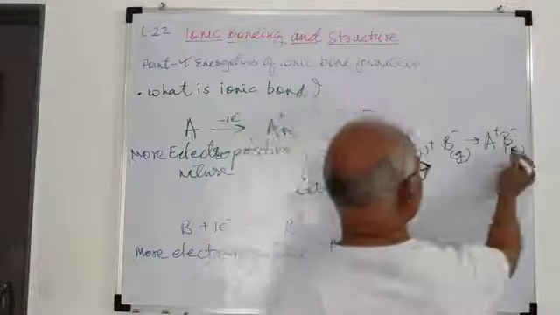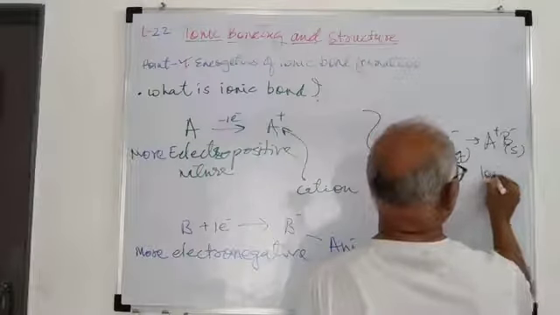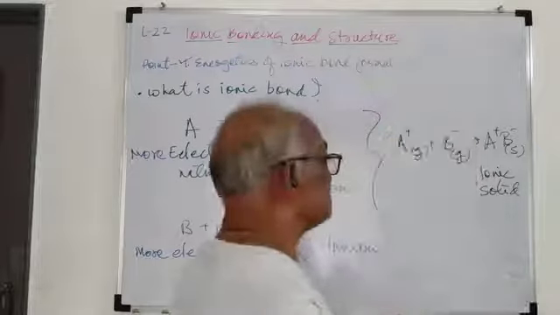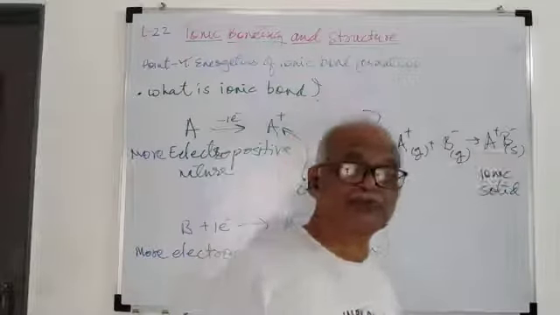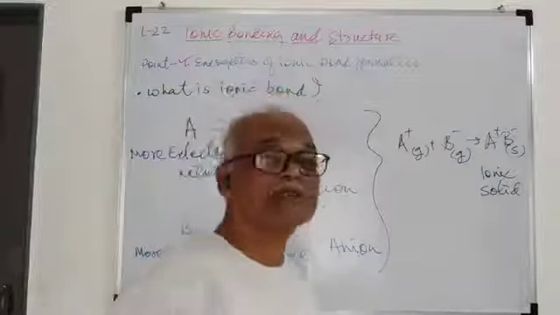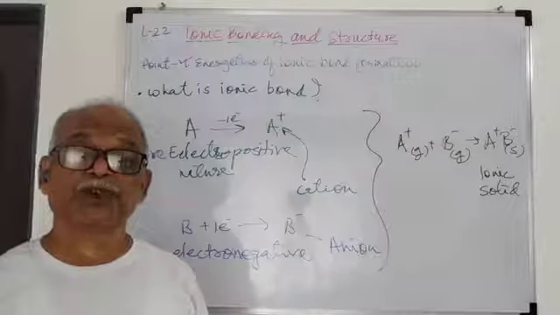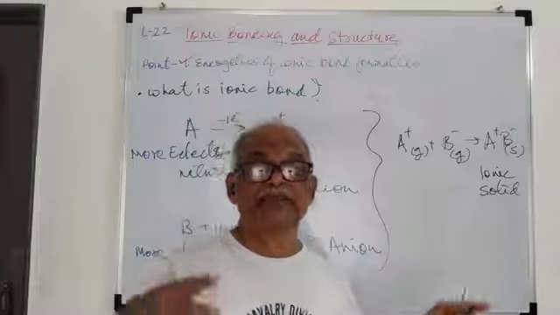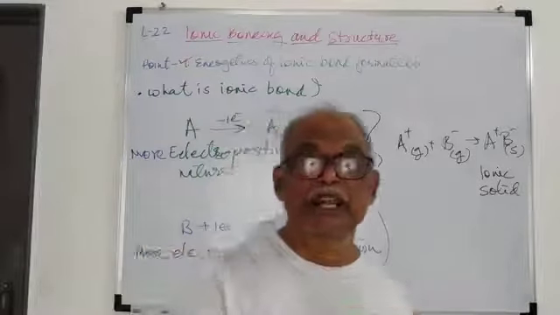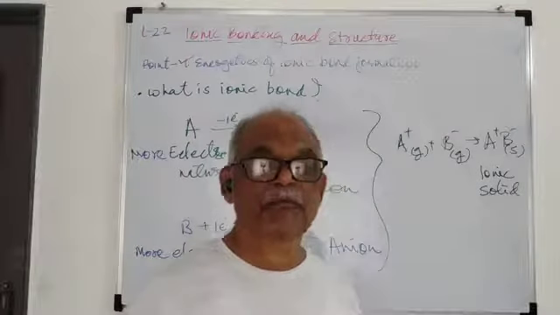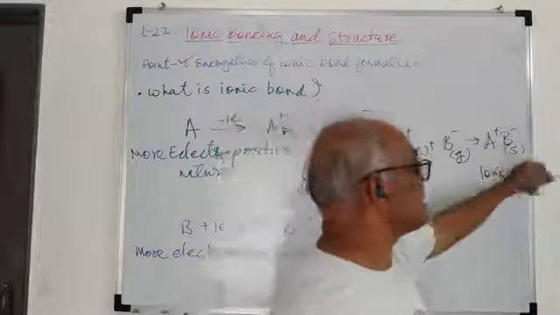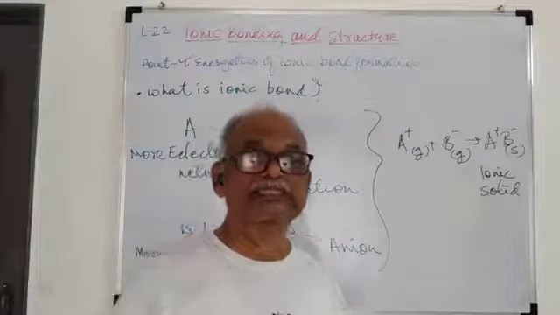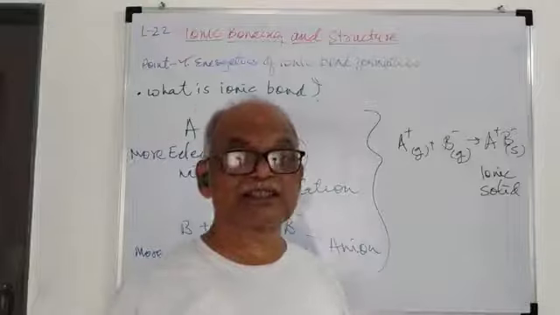This solid is called an ionic solid, and the bond present between these ions A plus and B minus is called an ionic bond, which is strongly electrostatic in nature. That is why when such an ionic solid is dissolved in a polar solvent like water, the compound AB splits into A plus and B minus in aqueous solution.